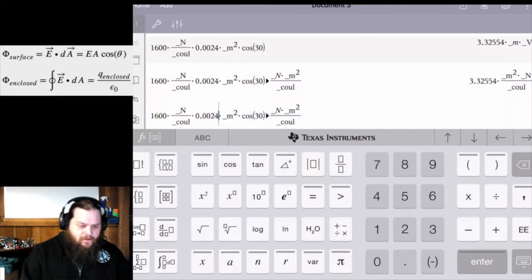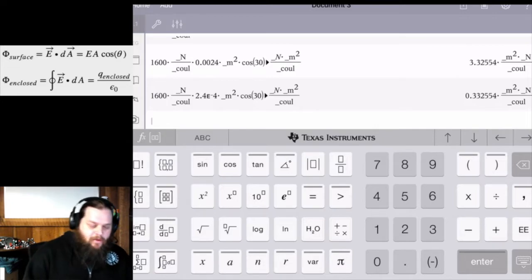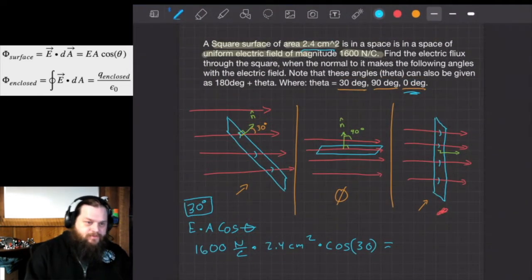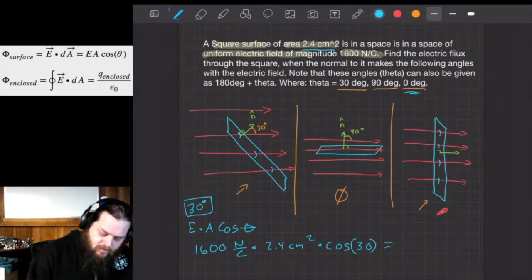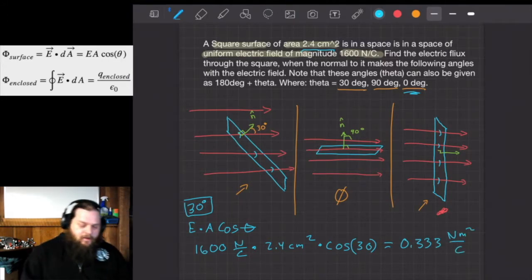I converted this wrong. This needs to have 3 zeros in it. That's better. So that 2.4 centimeters squared should be 0.00024 meters squared, and that gives me an answer of 0.333, basically. The units there are newtons meters squared over coulombs, which is our units for flux.